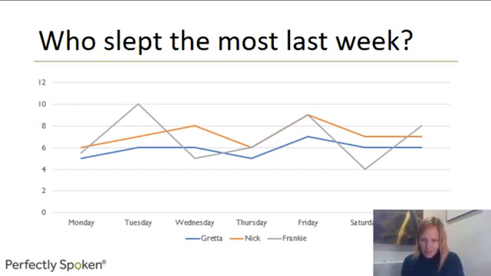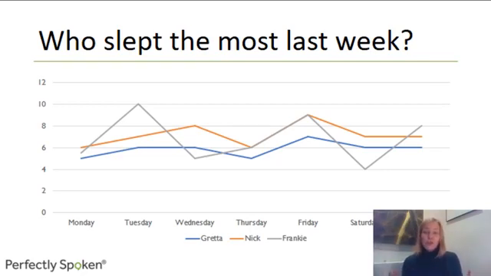So last week, for example, on Monday to Tuesday, he slept 10 hours. But then on Wednesday, less. And on Saturday, he only slept 4 hours. So he goes up and goes down, goes up and goes down.